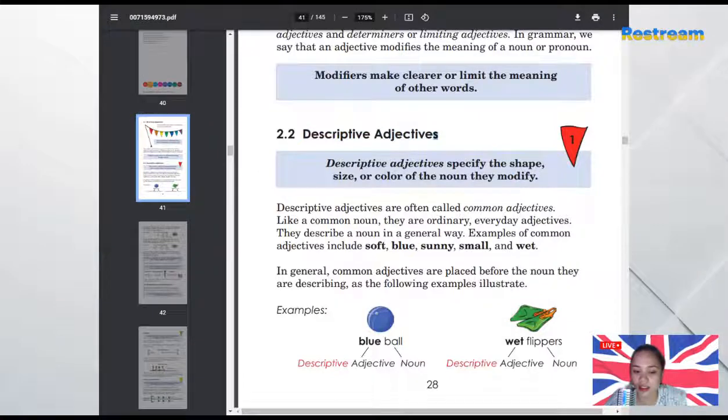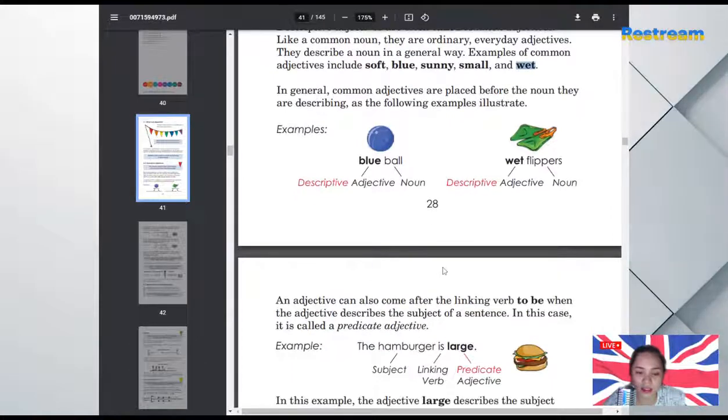When we say descriptive adjective, these are the common adjectives that we use every day, like soft, blue, sunny, small, and wet. These are the ordinary adjectives that we use most of the time.